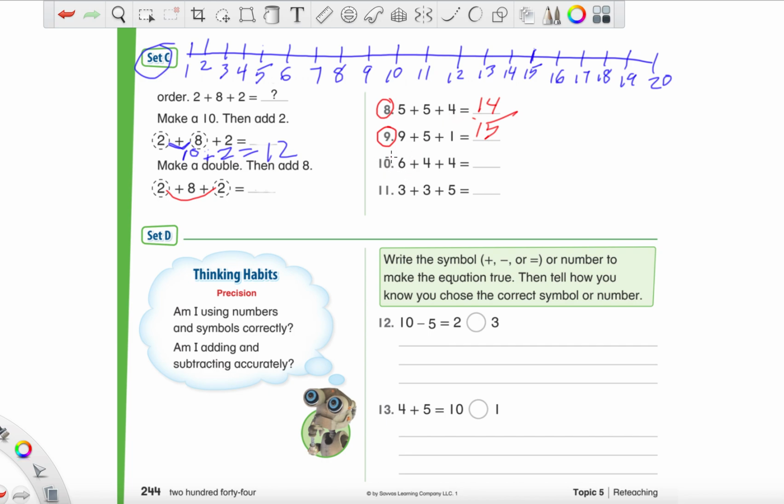So now I want you guys to try number 10 and 11 completely on your own. So 10 is 6 plus 4 plus 4. 11 is 3 plus 3 plus 5. Go ahead, try both of those, and write down your answers. These I will not be giving you the answers to.